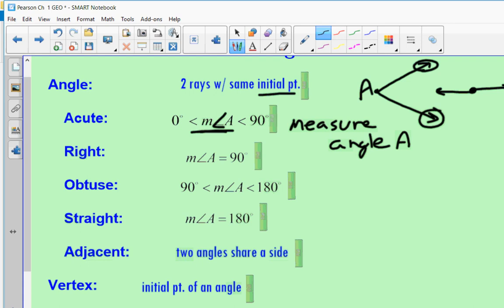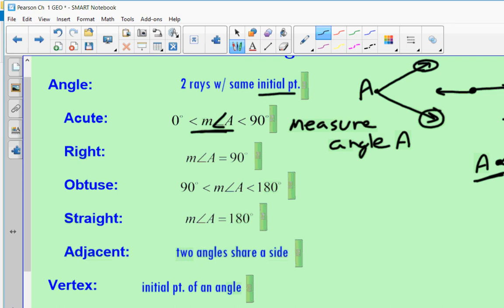Sometimes I get a bunch of different angles, and you need to be really specific, Mr. Kaznick, I need to know which one you're talking about. So sometimes I have to give you points that are on those rays, along with the initial point letter. That's another definition a little bit later, I'll just say it now. That's a vertex, where those two met. So when I need to be a little bit more specific, I'm going to say look at angle BAC.